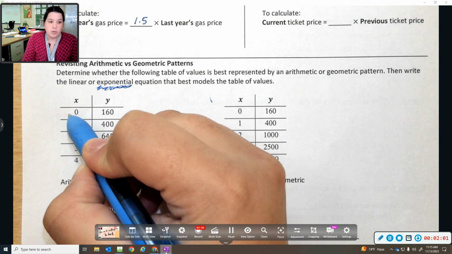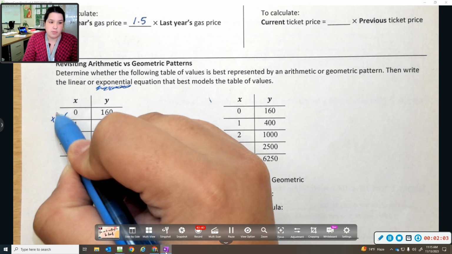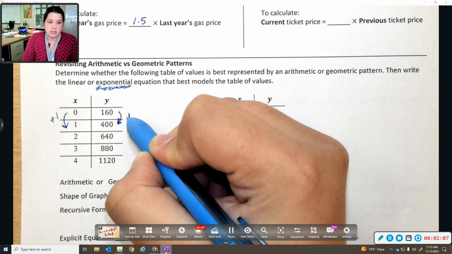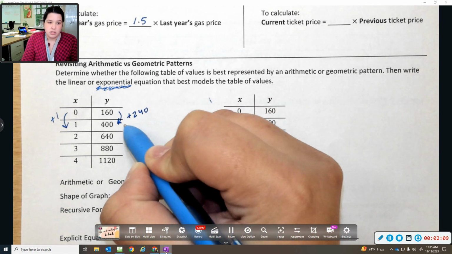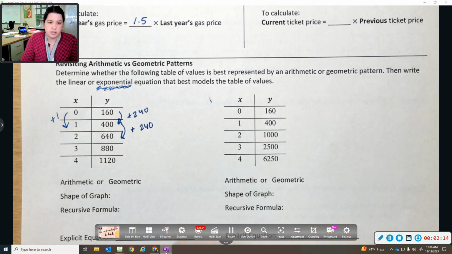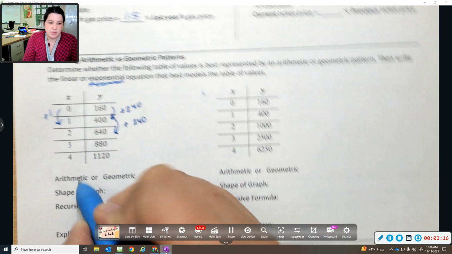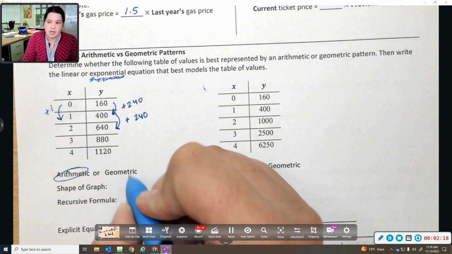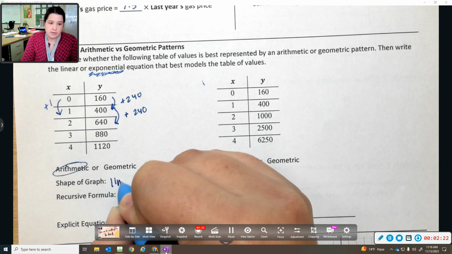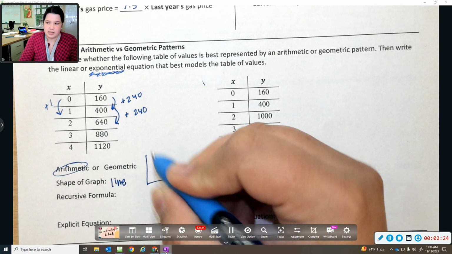I can see that this side is going by ones, and this side from 160 to 400, I'm adding 240. From 400 to 640, I'm adding 240. So if I'm adding the same thing, this is going to be arithmetic. The shape of the graph is a line. Let's say I sketch out my graph.